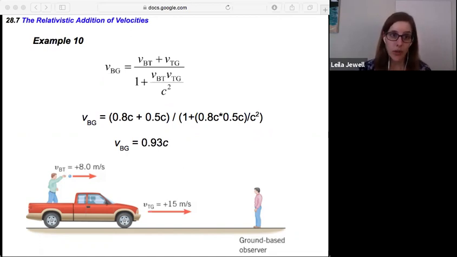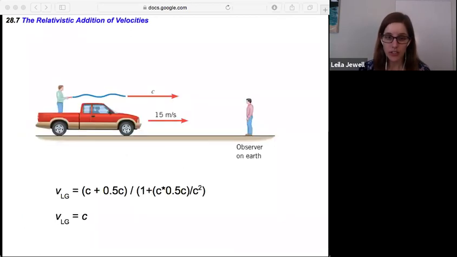We could apply this relativistic formula as well to our example of the flashlight, where if we shine a light at speed c, where the person holding the light sees it moving at speed c relative to the truck, if we plug that in here, so it's moving at c, the truck still, we'll say, is moving at 0.5 c. Now we're dividing by 1 plus c times 0.5 c divided by c squared. And what do we end up with here?